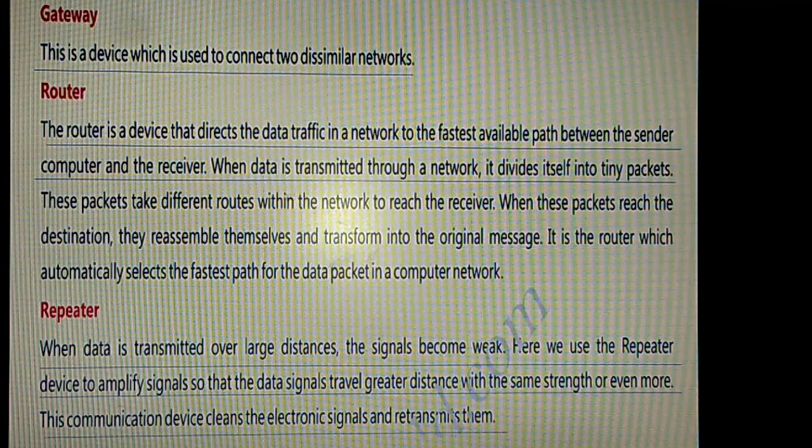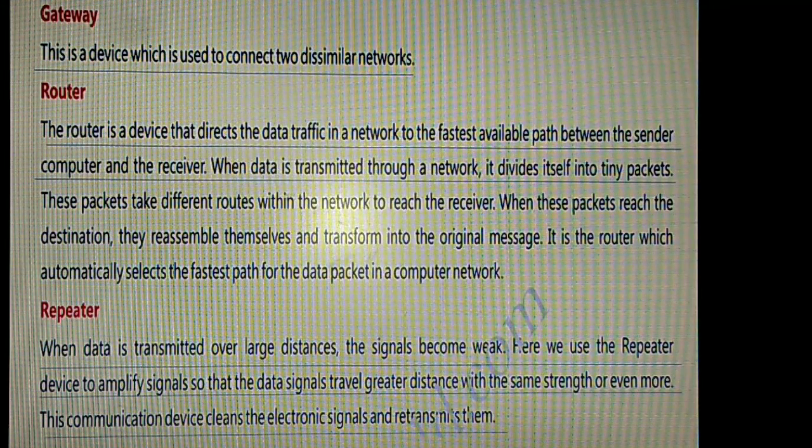Next, a router. What is a router? You are supposed to know all these definitions, or else they may be asked in the form of fill in the blanks. A router is a device that directs the data traffic in a network to the fastest available path between the sender computer and the receiver computer.